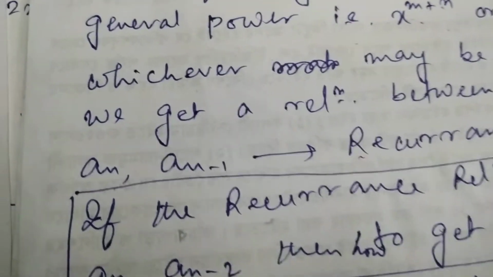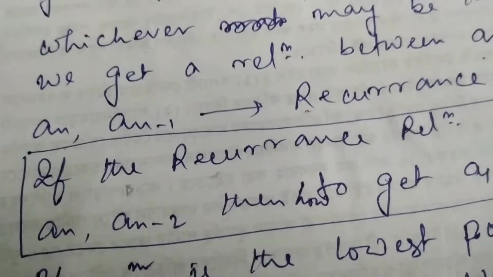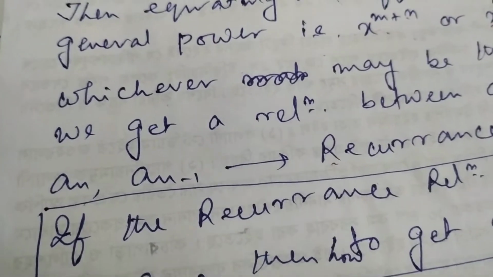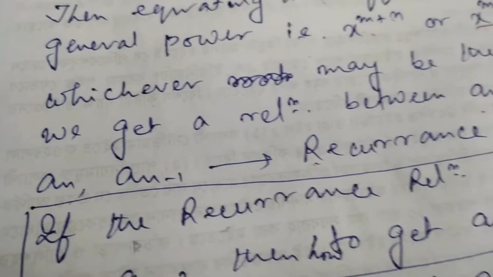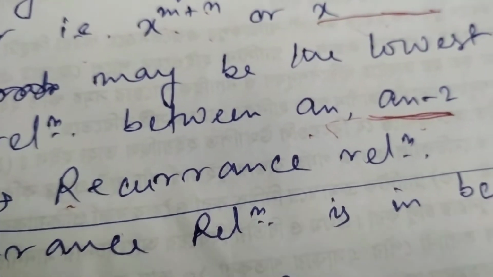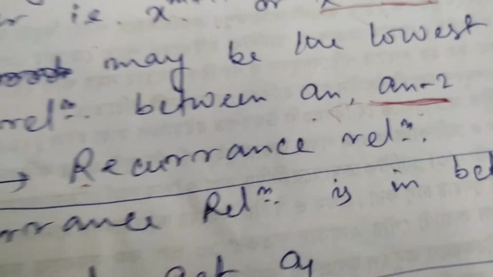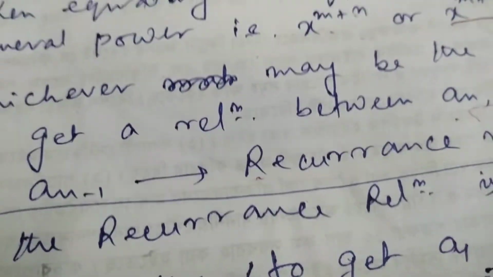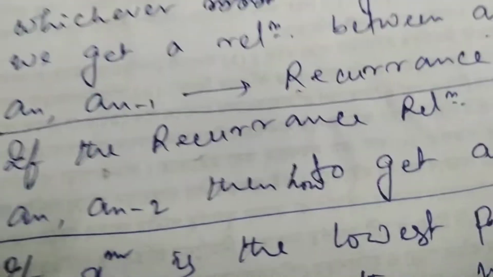Now, there is a case. If the recurrence relation is between an and an−1, then there is no problem. But if the relation is between an and an−2, then how do we get the value of the coefficient a1?